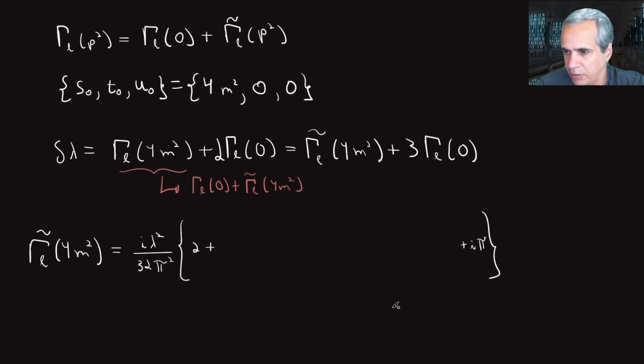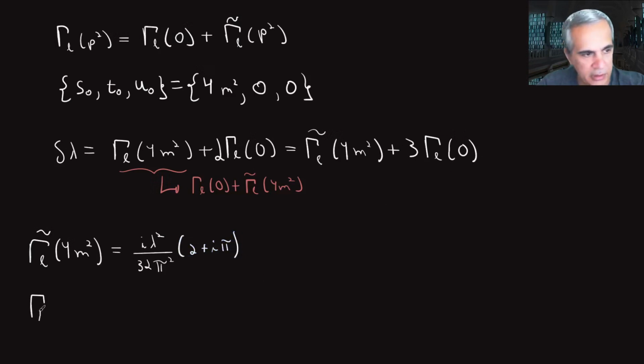So let me get rid of this guy, and this becomes just 2 plus i pi, which is pretty neat.